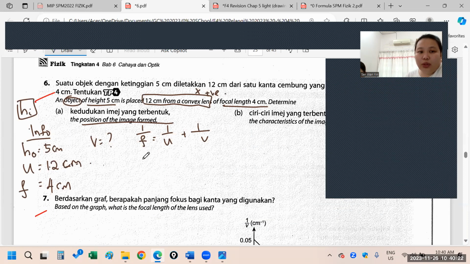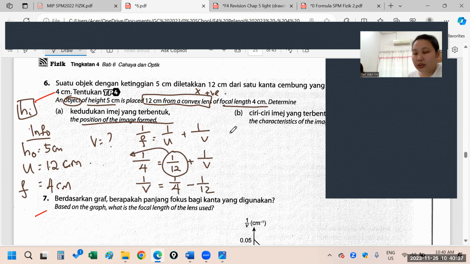Okay, so we say 1 over 4 equals 1 over 12 plus 1 over V. So 1 over V actually is 1 over 4 minus 1 over 12.